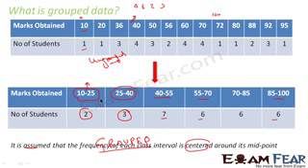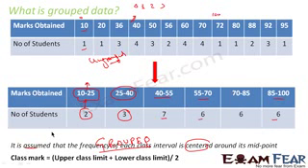In this case, I want to find the frequency, so it's assumed that this frequency 2 is centered around its midpoint. The midpoint is the lower limit, 10, plus the upper limit, 25, divided by 2. So 35 by 2, that is 17.5. So this will be the value of xi in this case, 17.5.